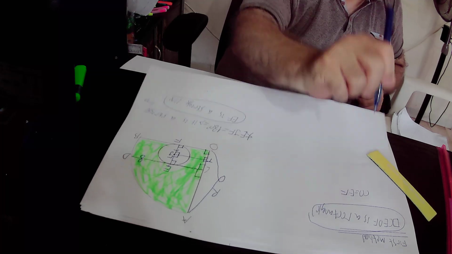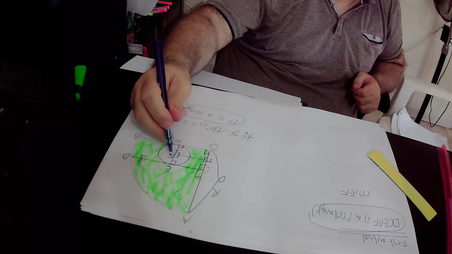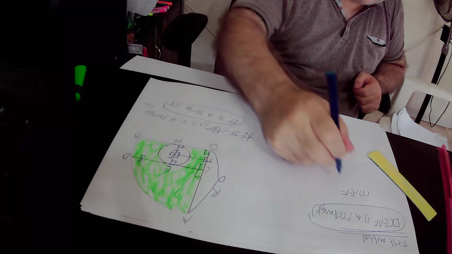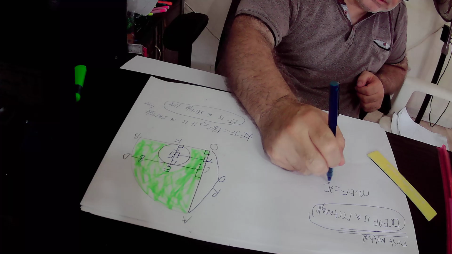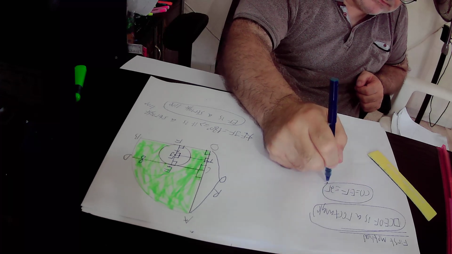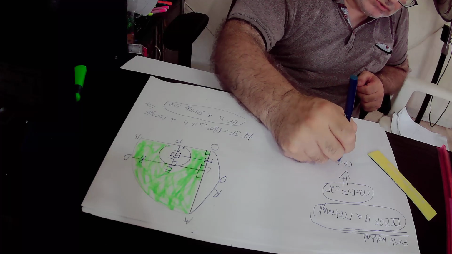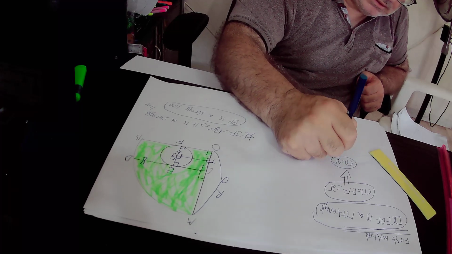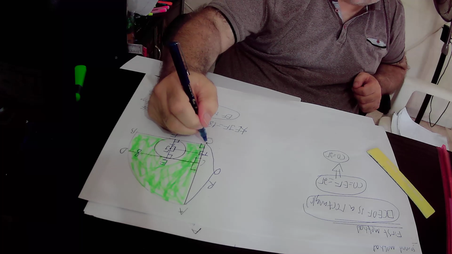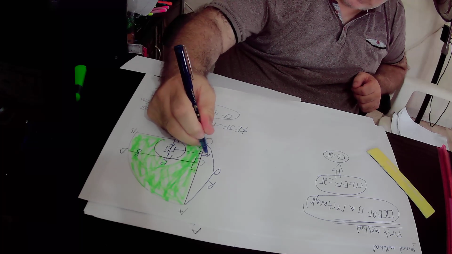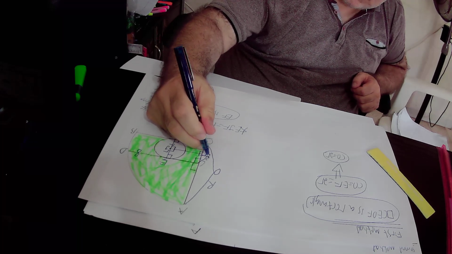But we have already found out that EF equals R plus R, that is 2R. And from this equation, CO equals EF equals 2R, we will derive that CO is also equal to 2R. Here CO equals 2R. Okay.